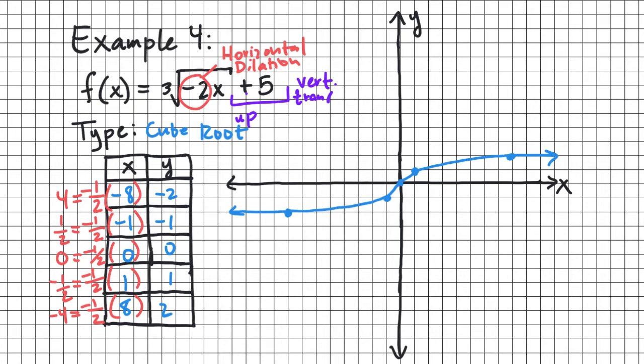All right. And so our new points are going to be, first one is going to be 4, -2. So I'm going to go to the right 4 and down 2. The next point is 1/2, -1. So I'm going to go to the right half and down 1.